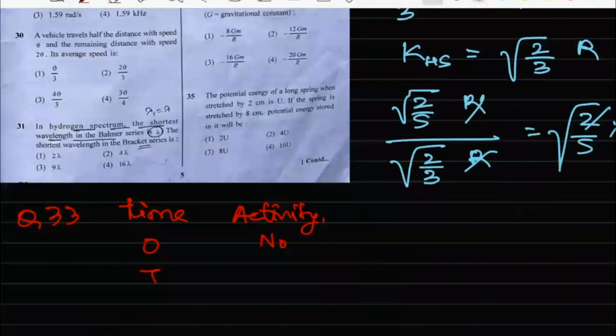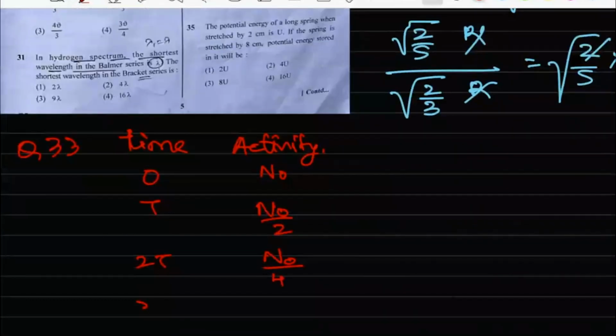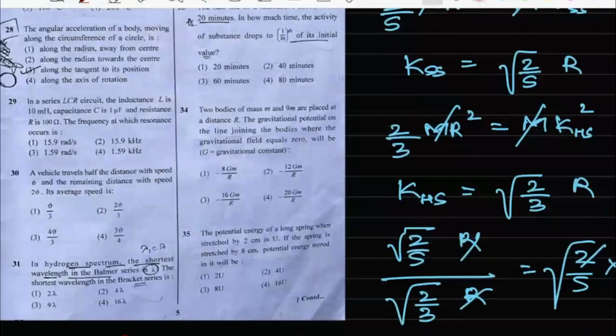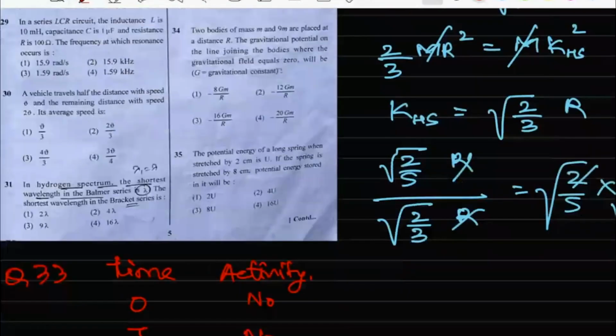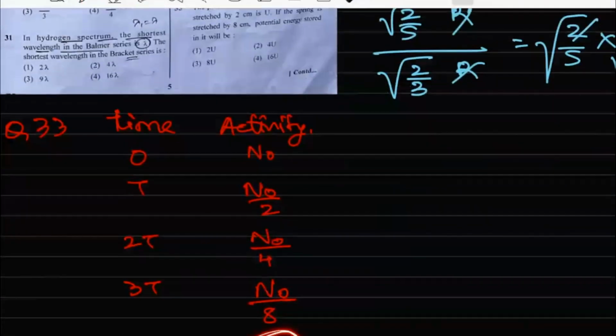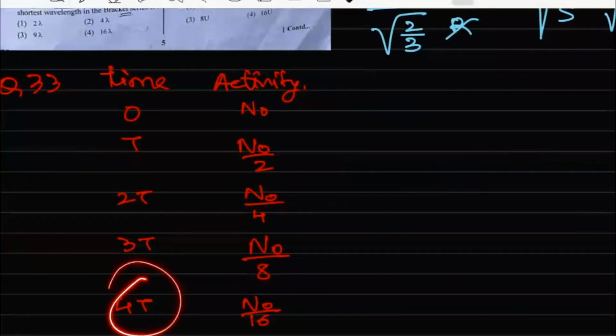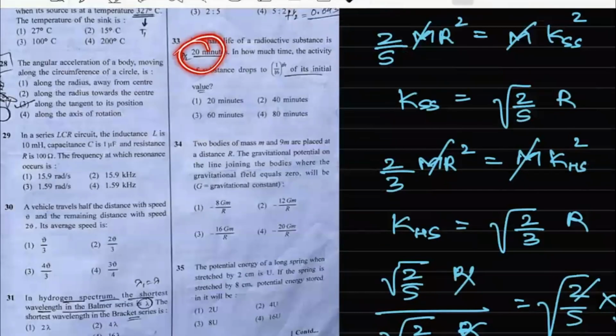So after 1 half-life, I have half. 2 half-lives, I have half of that. 3 half-lives, I have half of that. 4 half-lives, I would have N0 by 16, which is what they are saying, 1/16th of its initial value, activity or the sample value, whatever you consider. So N by 16 they want, right? Yeah. So then it would be 4 times the half-life. So 4 into 20, so 80 minutes.